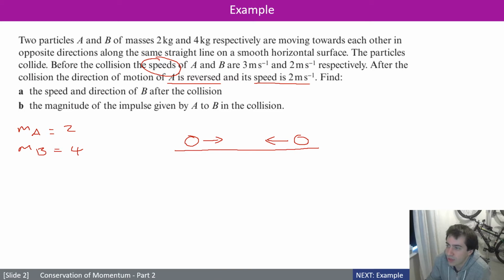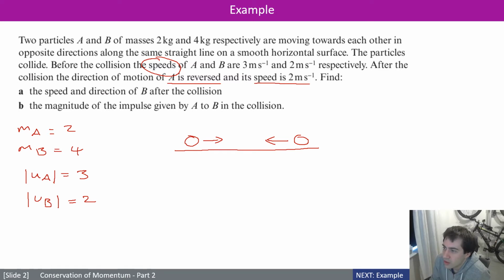So the speed of A, that is the magnitude of U of A, that's 3. And likewise for B, it's 2. Okay. And then after the collision, the direction of motion of A is reversed and its speed is 2 meters per second.